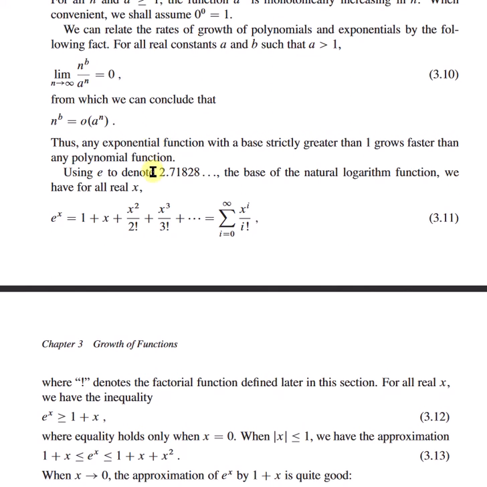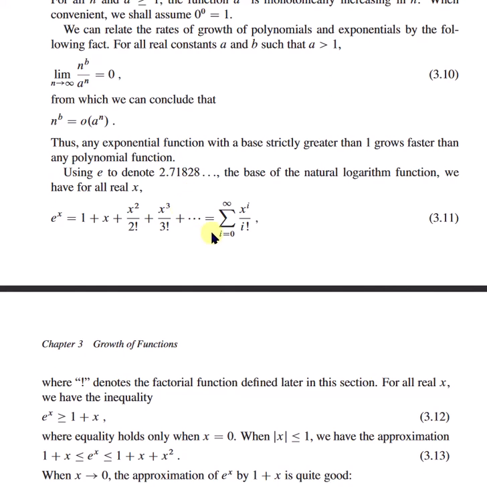Thus, any exponential function with a base strictly greater than 1 grows faster than any polynomial function. That is what they are trying to tell. What they are trying to tell is that a to the power n grows faster than a polynomial of degree 5, like x to the power 5 plus 1, for example.